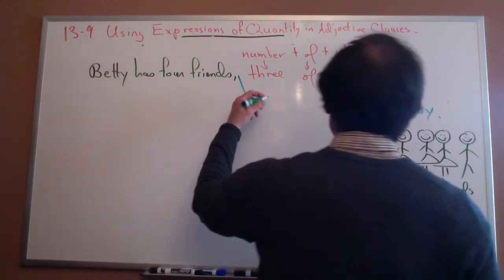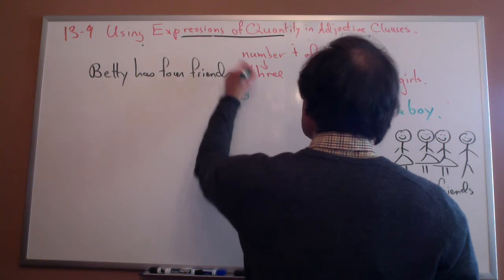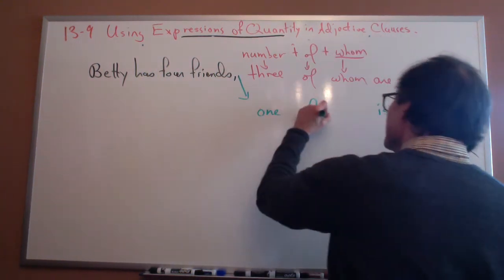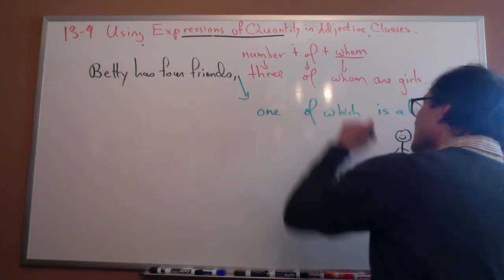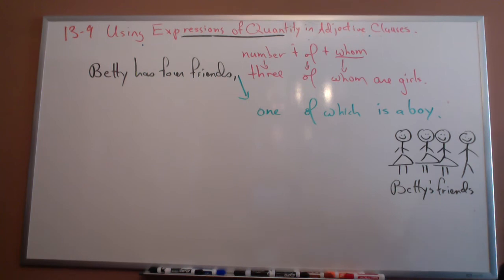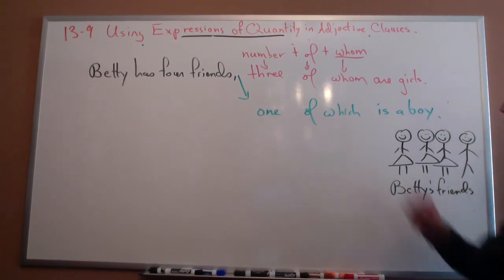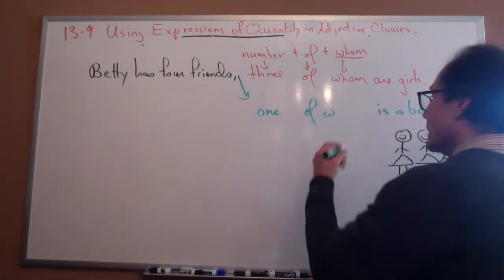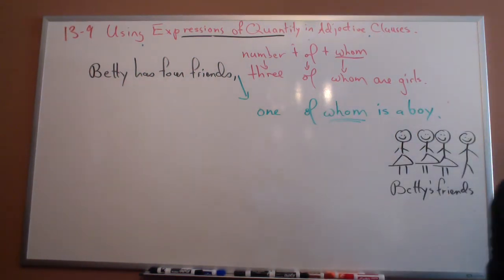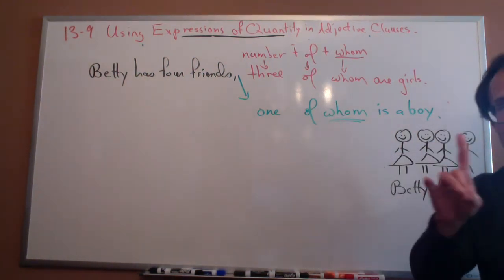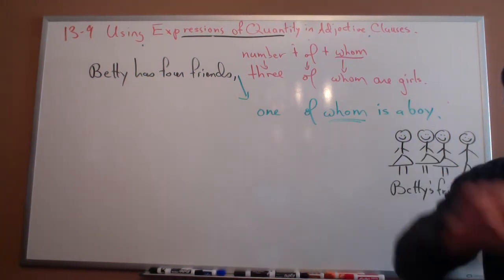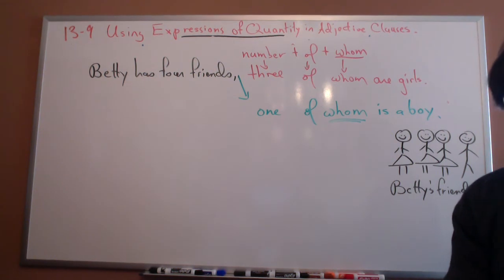So I could say, Betty has 4 friends, 3 of whom are girls. Excuse me, I wrote the wrong word. Sorry. 1 of whom is a boy. Okay? Because I use whom for people, which is for things.